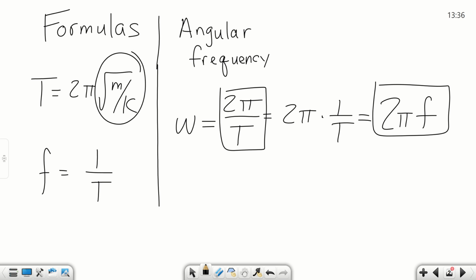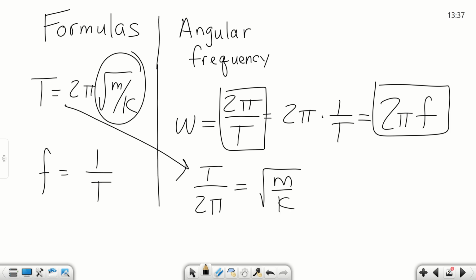Now, the other neat thing we can get out of this is where we get these root formulas in our period equations, whether it's springs or pendulums. If I play around with it for a second, we said angular frequency is equal to 2 pi over T. If I rearrange the spring equation, dividing 2 pi to the other side, I get T over 2 pi equals the square root of m over k.